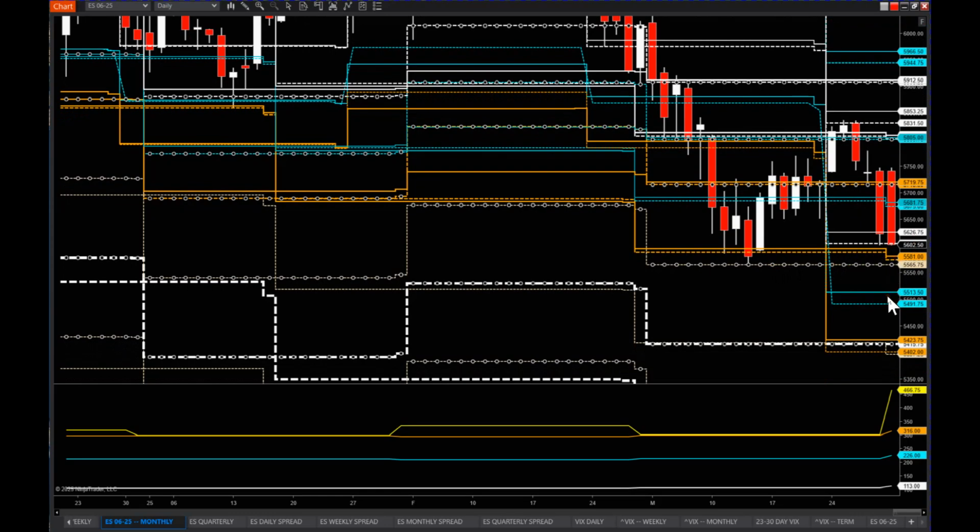So if that breaks, we could really start hitting these lower levels. And 5500, 5503 is a level that we have.